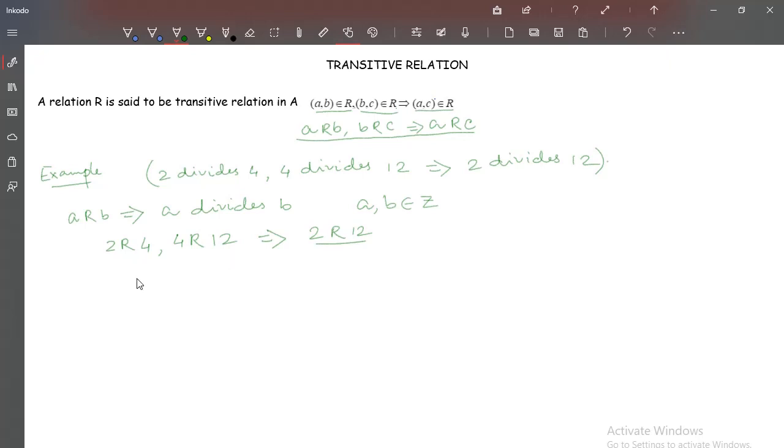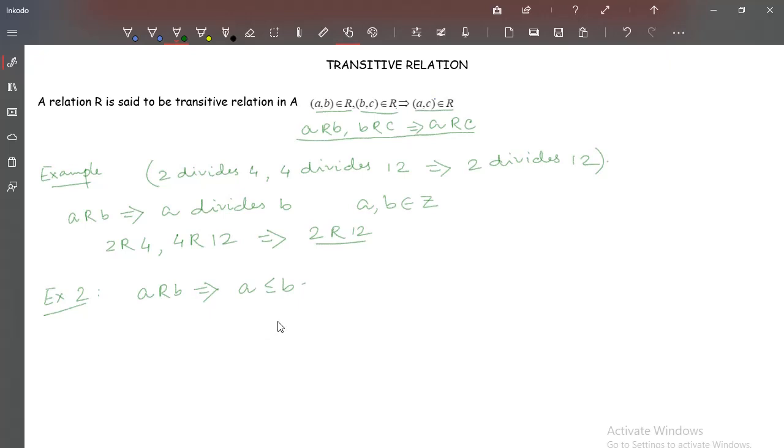Let us take one more example. Example 2. Less than or equal. A is related to B implies A is less than or equal to B. Now, what do you think?